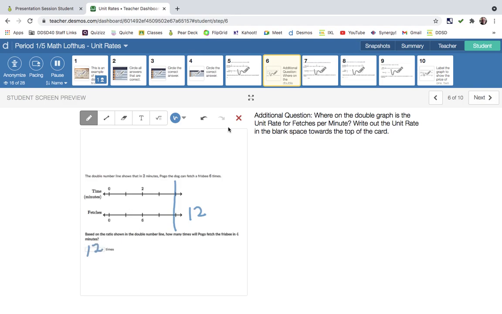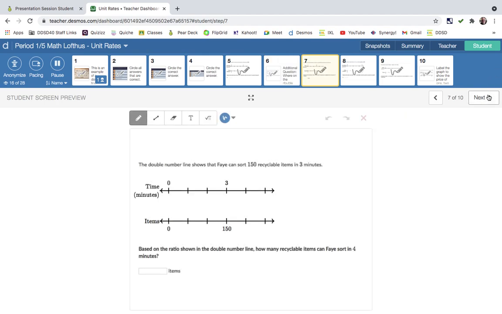It says additional question, where on the double line graph is the unit rate? So we could say per fetch. If we wanted to do per minute, it would be right there. If we wanted to do per fetch, then it would be somewhere right around there for one fetch. Unit rates depend on what the second number is. Second number has to be a 1.